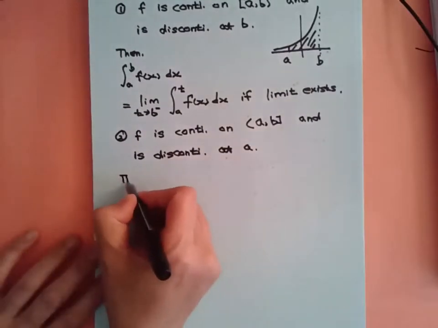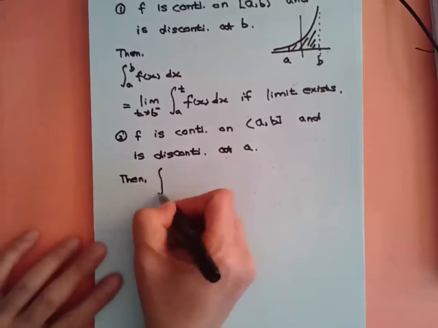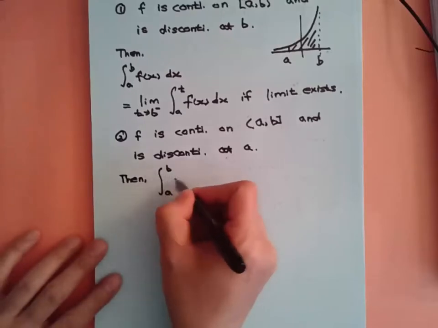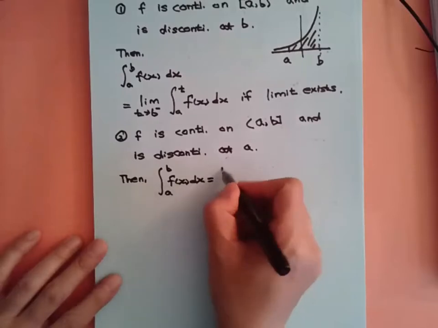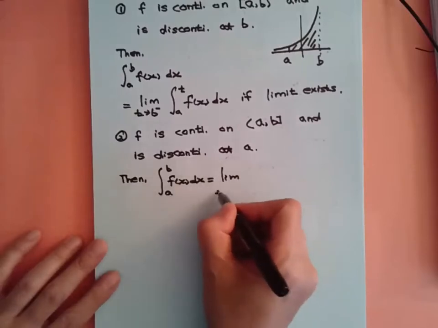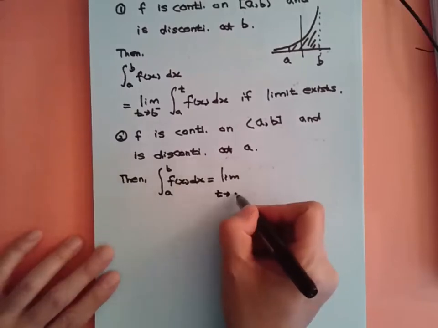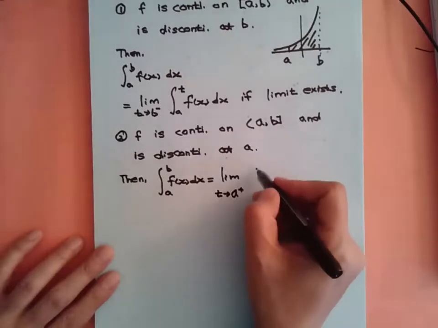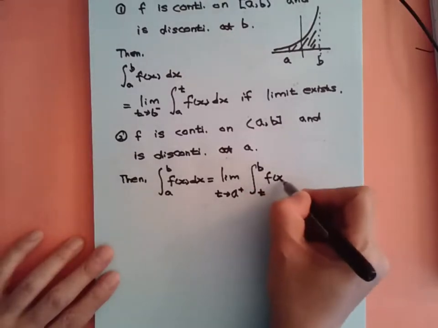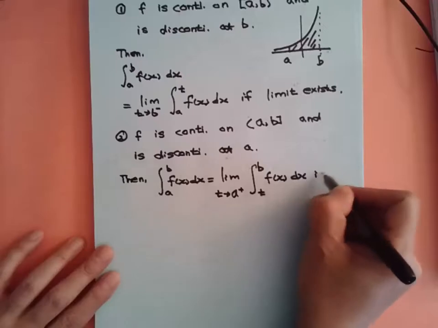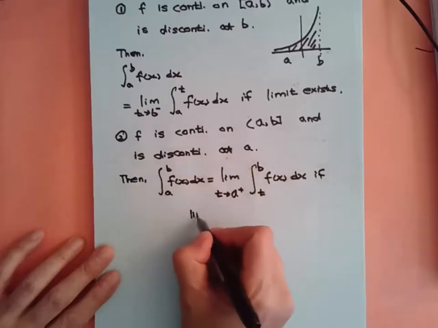So then the integration from a to b of f of x dx equals the limit as t goes to a plus of the integration from t to b of f of x dx, if the limit exists.